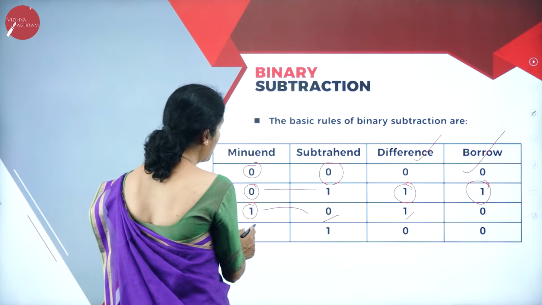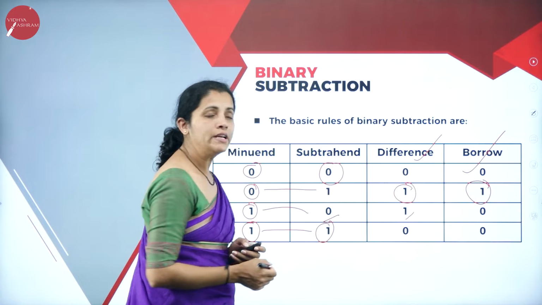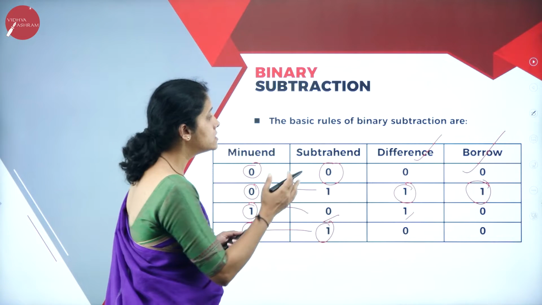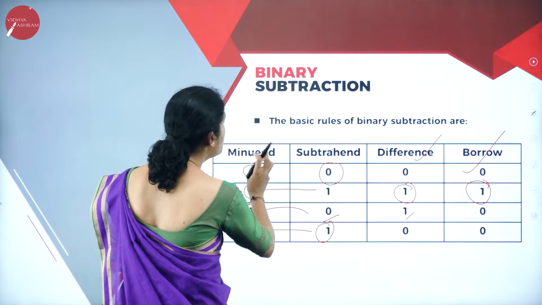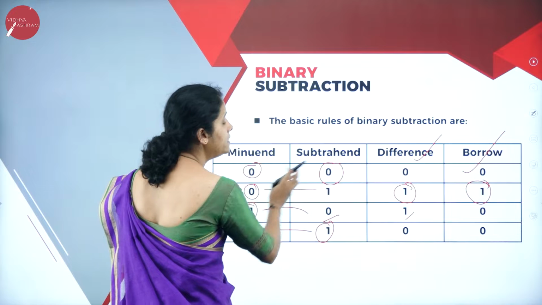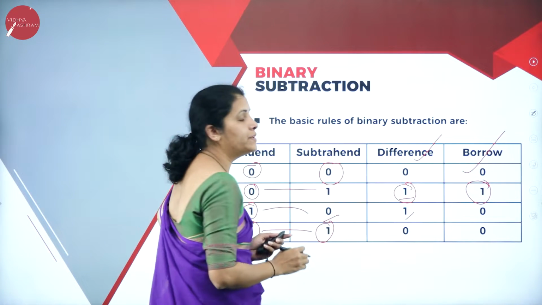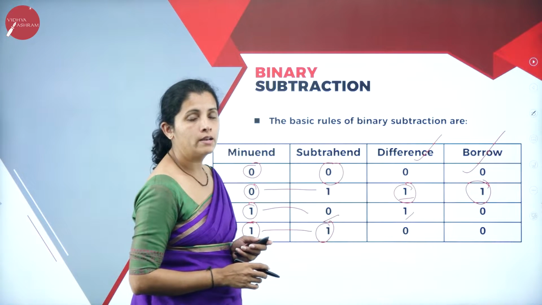And 1 minus 1, the difference is 0 and the borrow is 0. Only when I'm having 0 minus 1, the difference is 1 and the borrow is 1.